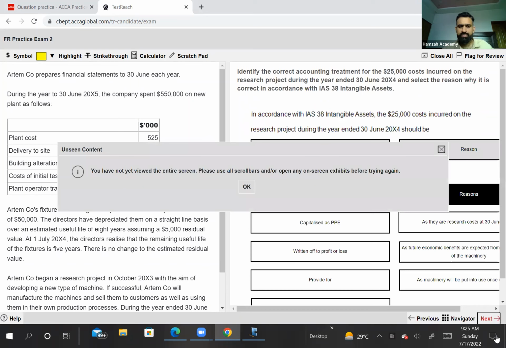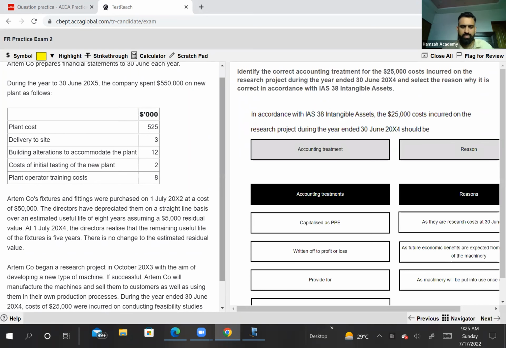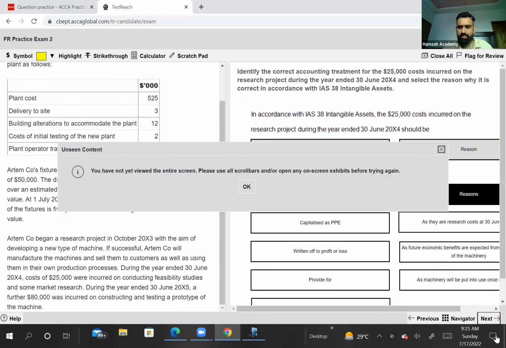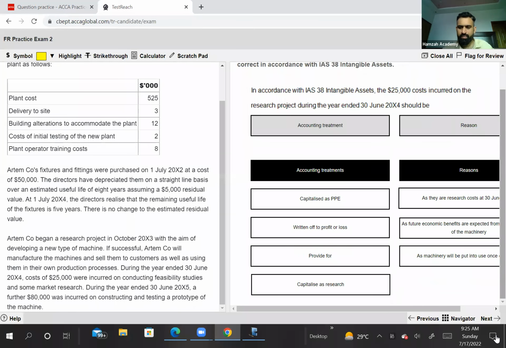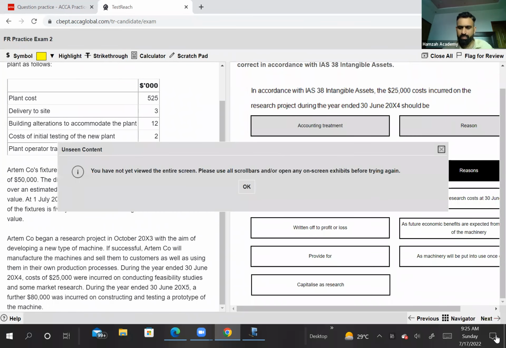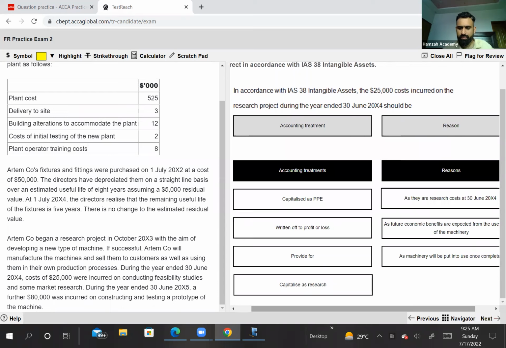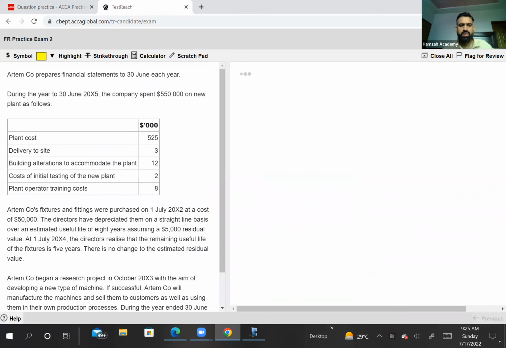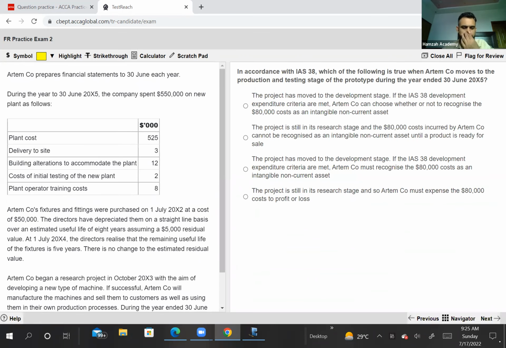And this is the final question of the first OT case study. Each OT case study, as I told you, will consist of 5 OT questions.